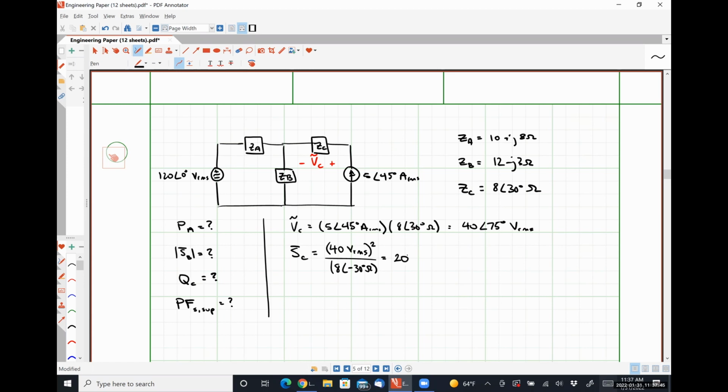Wait, 40 times 40 is definitely not 160. Yeah, 1600, so 200 angle positive 30 degrees volt-amperes.